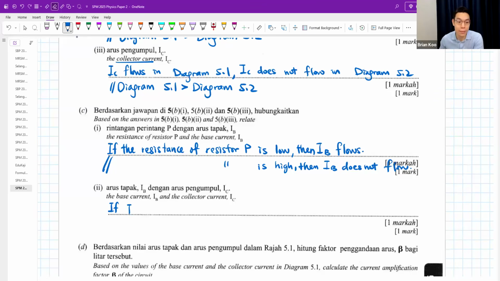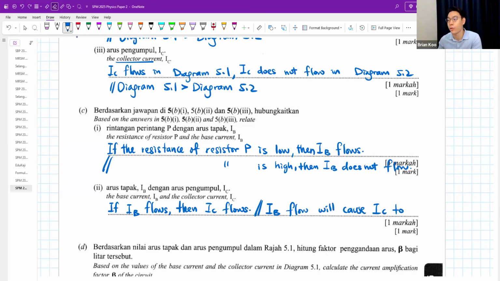If IB flows, then IC flows. Okay, or you want to say IB, base current flow will cause collector current to flow.